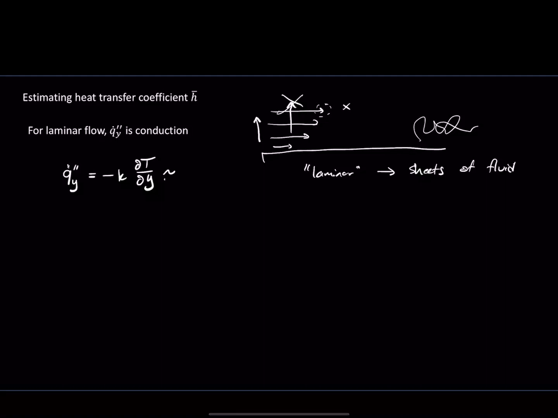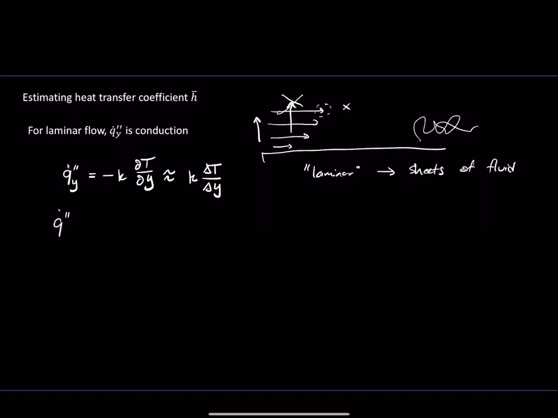And then let's get an approximate model for this, right? This is the actual equation in terms of a partial differential. Let's estimate the dT and the dy part based on our boundary layer problems. So here, let's estimate this as conductivity. Now, because we're taking delta T over delta y, the negative sign goes away, right? But we end up with an estimate for delta T over delta y.